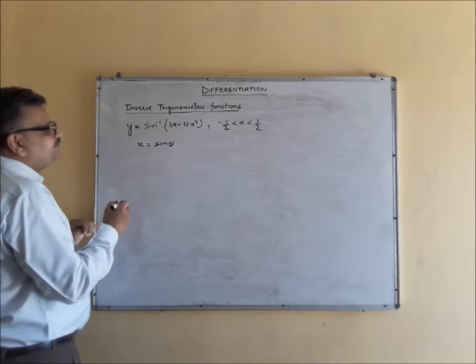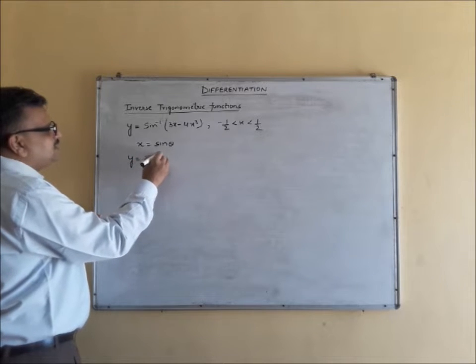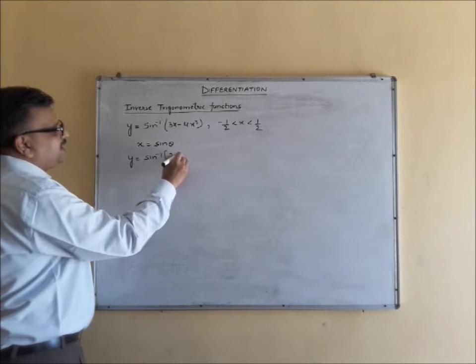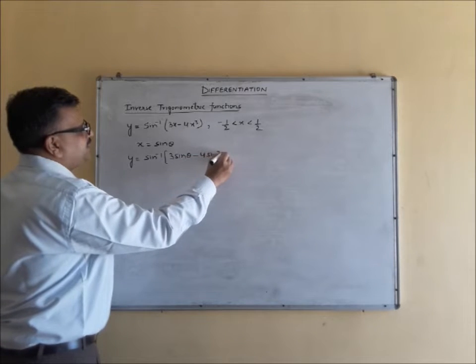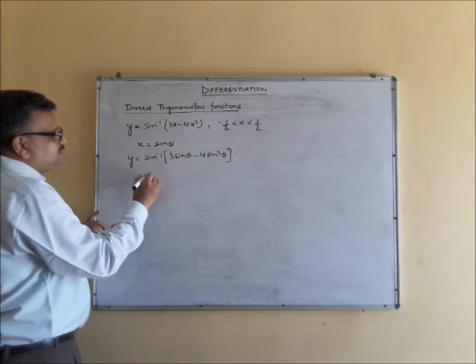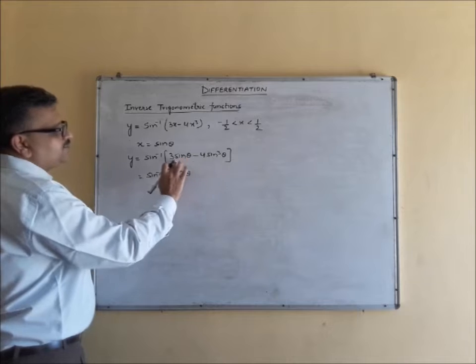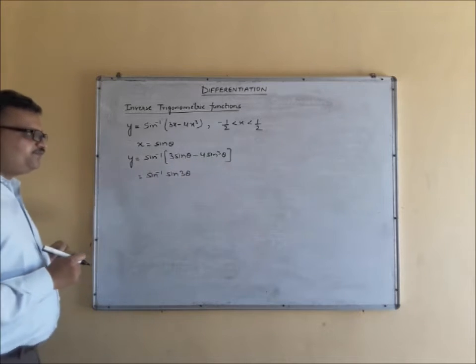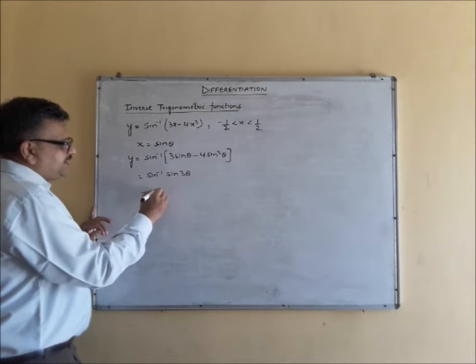Then it becomes y equals sine inverse of 3 sine theta minus 4 sine cube theta. This is equal to sine inverse sine 3 theta. This is the formula for sine 3 theta. And sine inverse sine 3 theta is 3 theta.